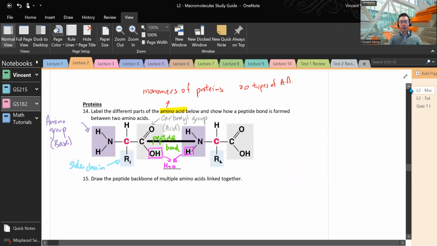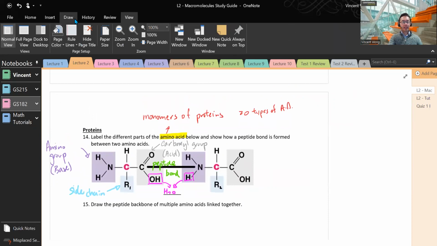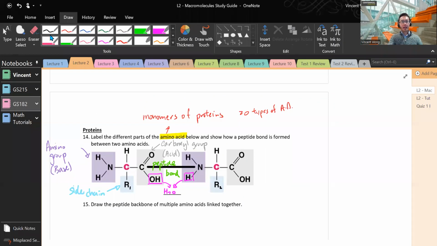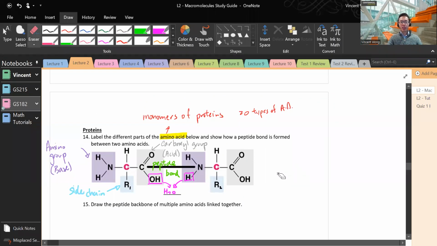Now you don't have to draw this next part. In fact, don't do it. I'd rather you just watch what I do and try to understand what I'm saying. So I'm going to redraw this one. We're going to have the NH like this, CH, and then this is R1, right? Then we're going to have C double bond O, just like here.